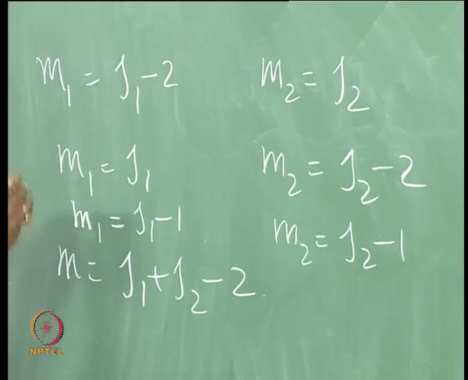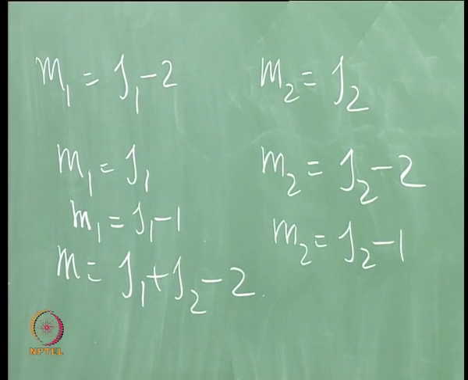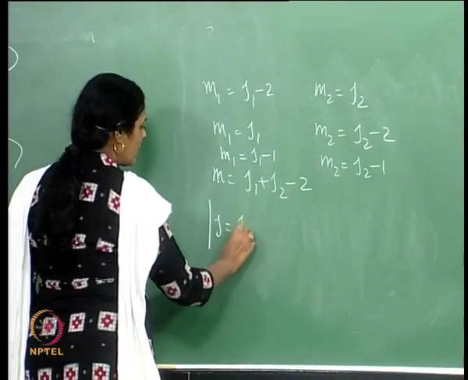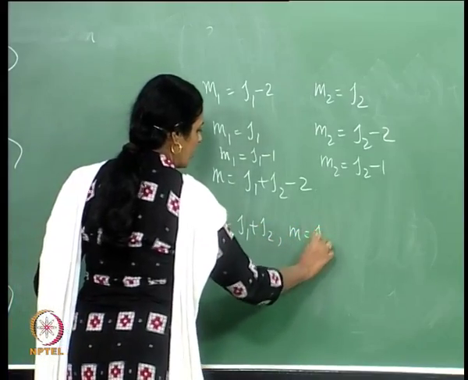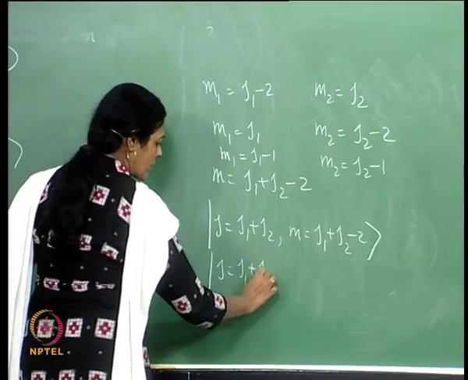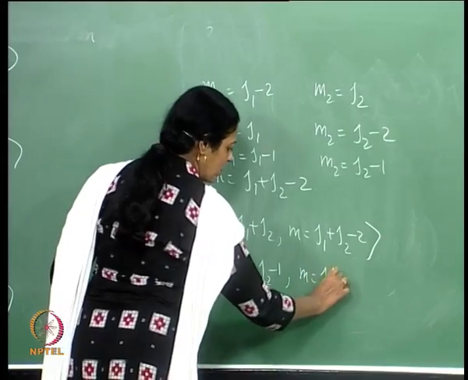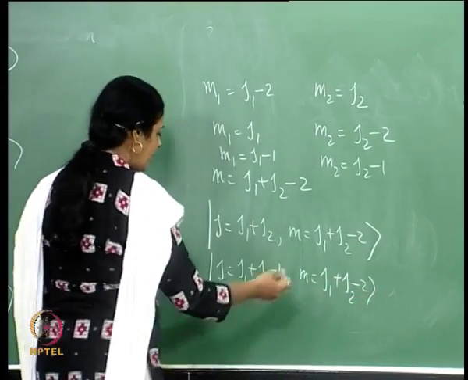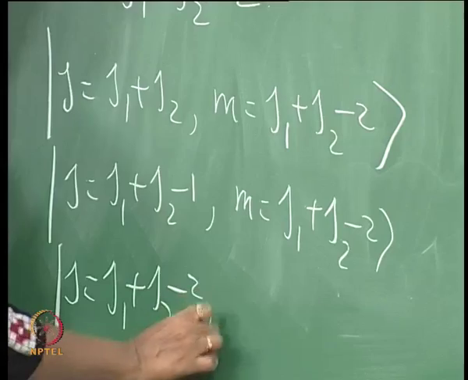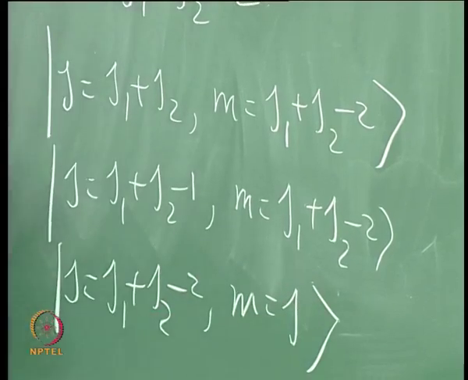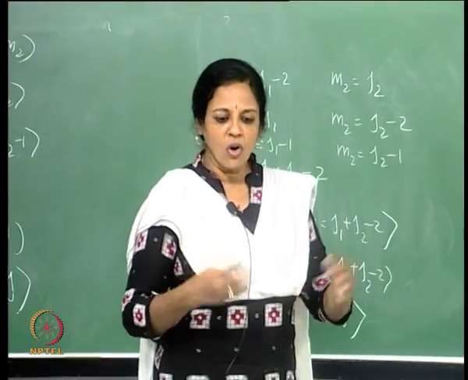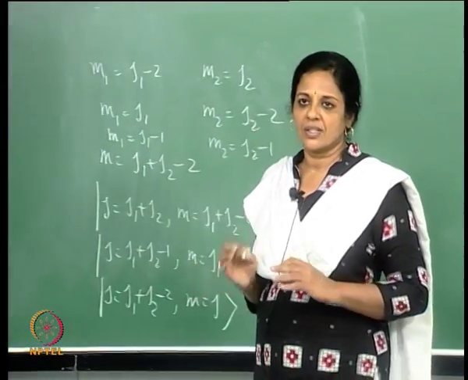So there are three ways in which m takes values j1 plus j2 minus 2. Surely this can come from j equals j1 plus j2, m equals j1 plus j2 minus 2. It can come from j equals j1 plus j2 minus 1, m equals j1 plus j2 minus 2. And the third possibility would have arisen from j is j1 plus j2 minus 2 and m equals j. That is the same thing, j1 plus j2 minus 2. So I have accounted for all the three possibilities, and these are three distinct states.